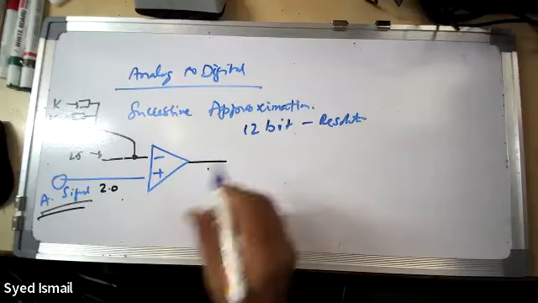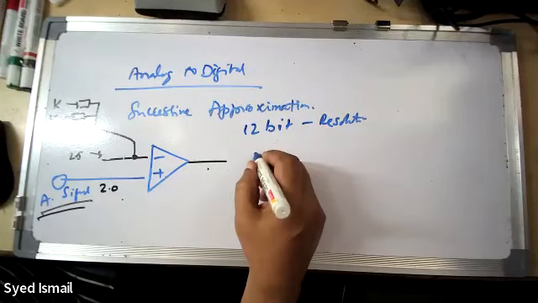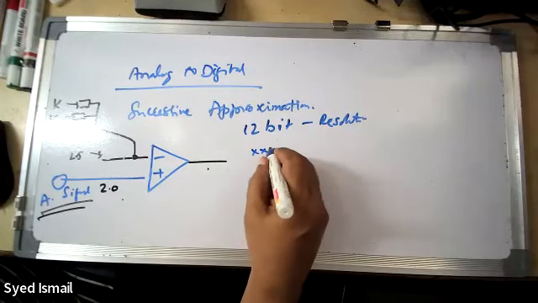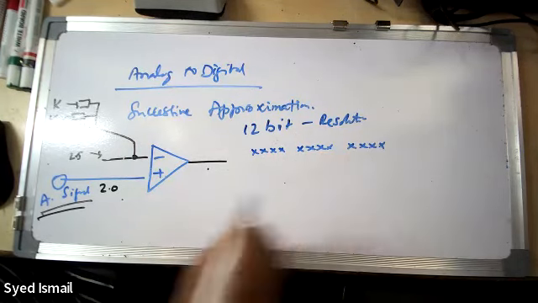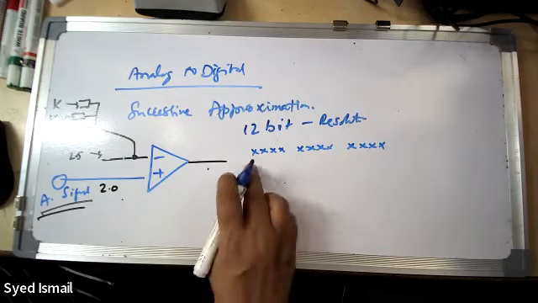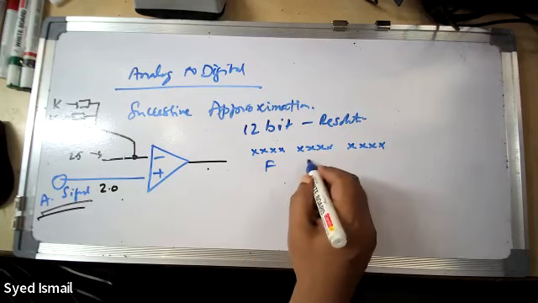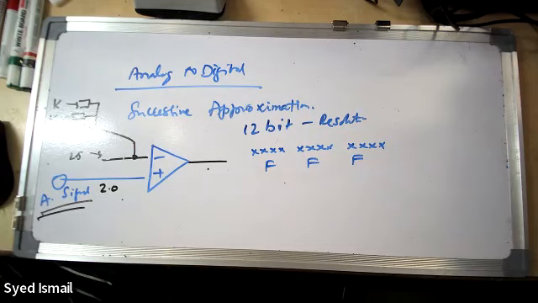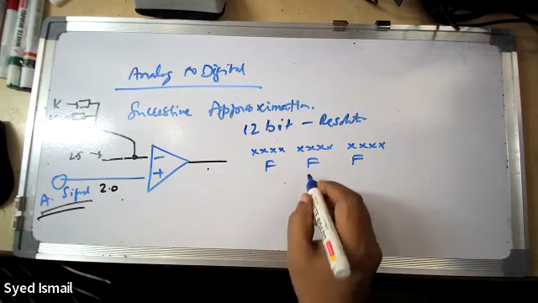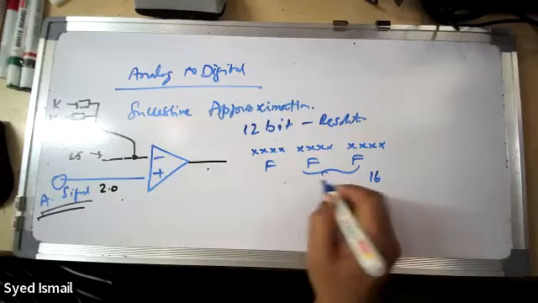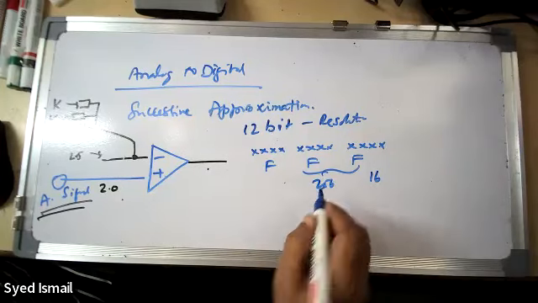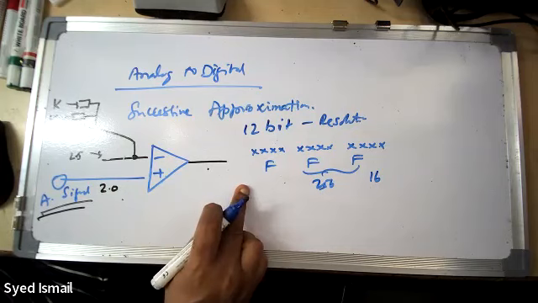Not about other types. Here, 12 bit means, like I told you, 1, 2, 3, 4, 1, 2, 3, 4, 1, 2, 3, 4. So now the maximum will be here, F, F, F. That's 12 bit. We know up to here is 256. This is 16, this is 256, this is 256 multiplied by 16.